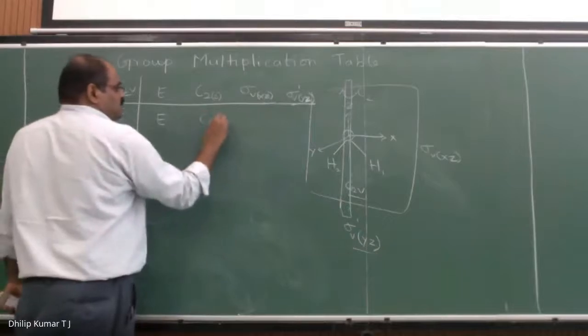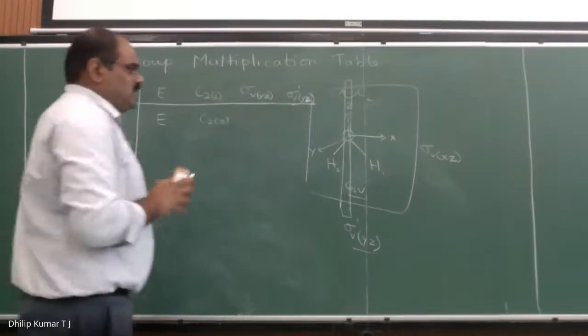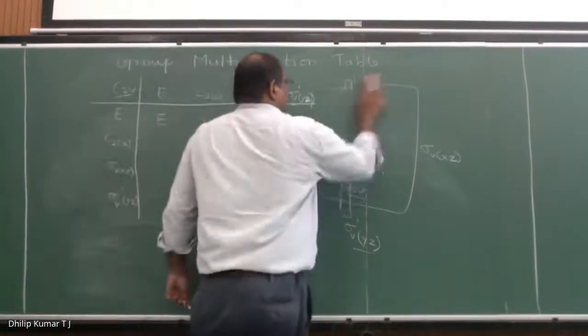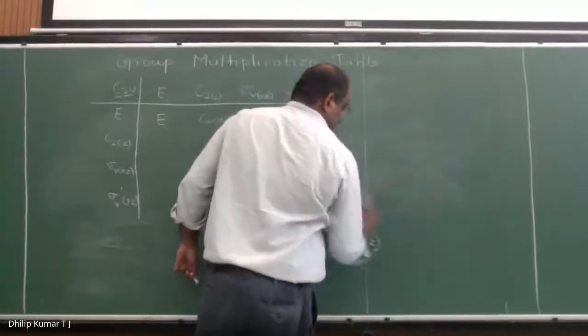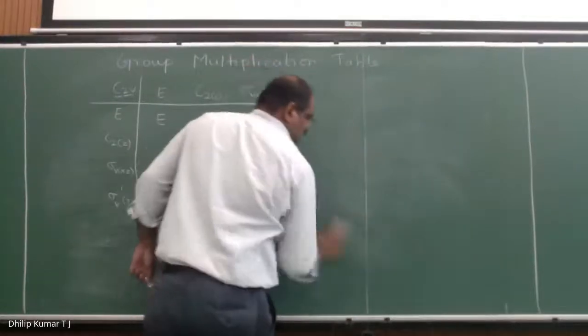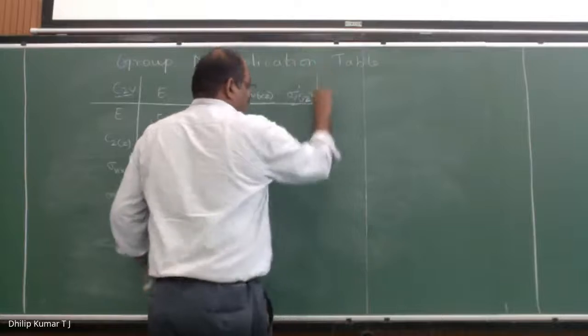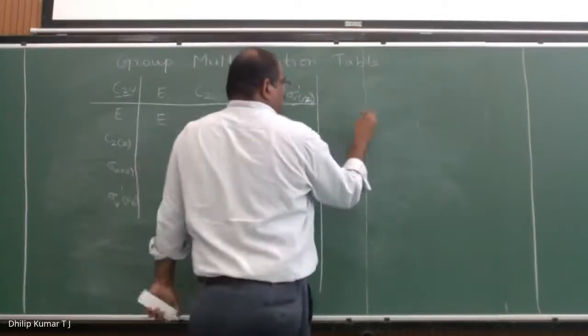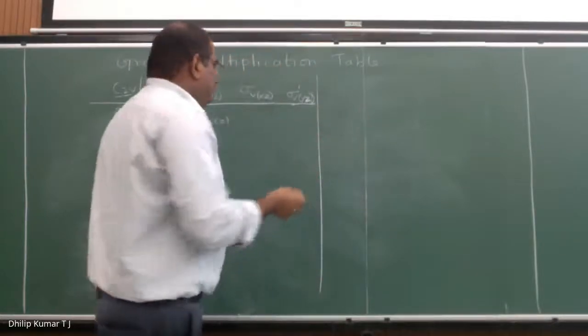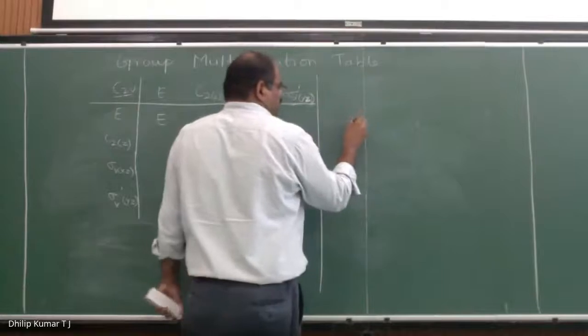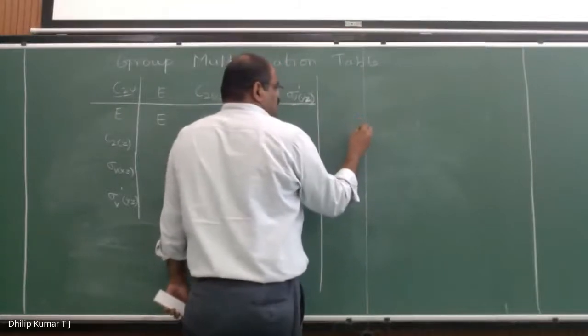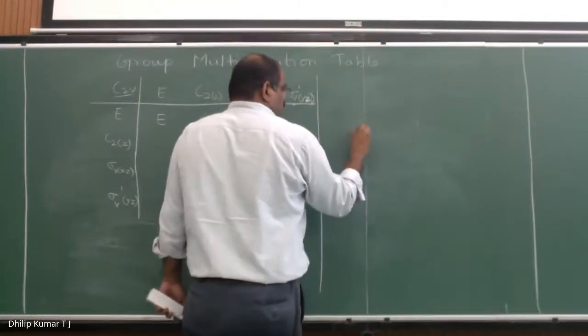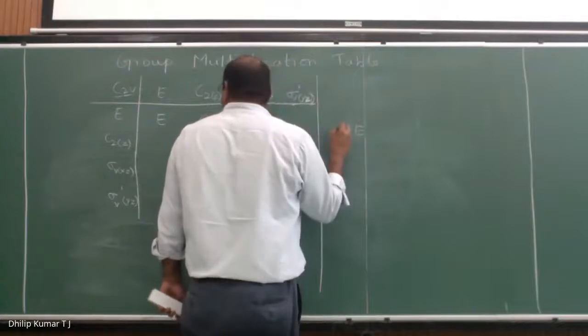What we are actually doing is performing a mathematical operation, a symmetry operation: E multiplied by C2.